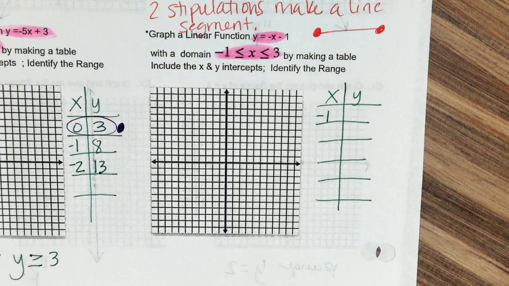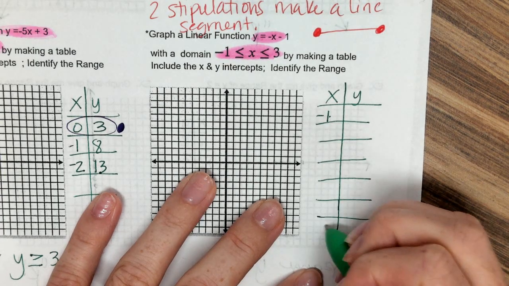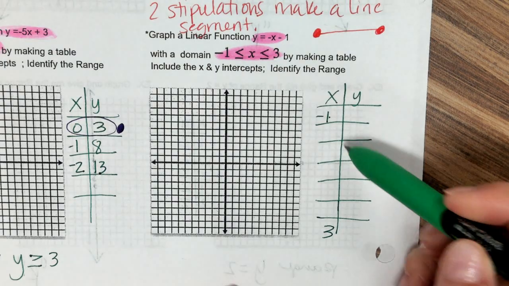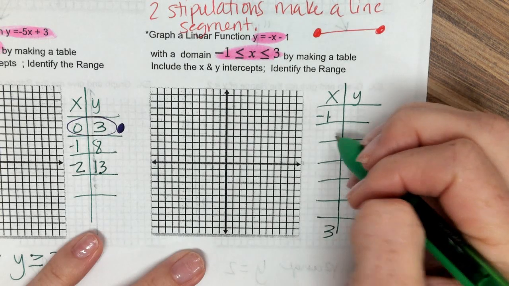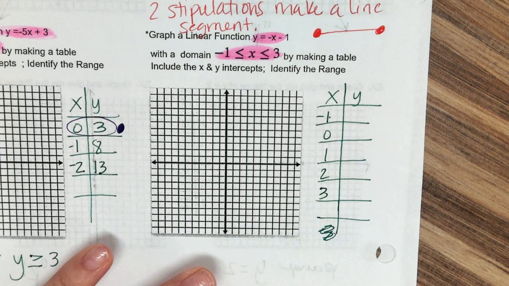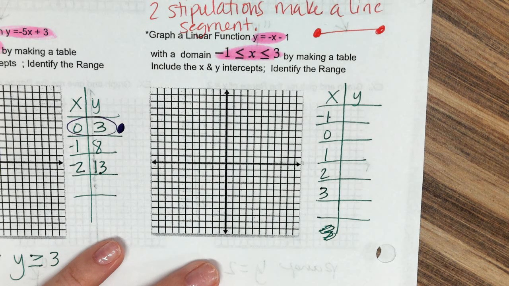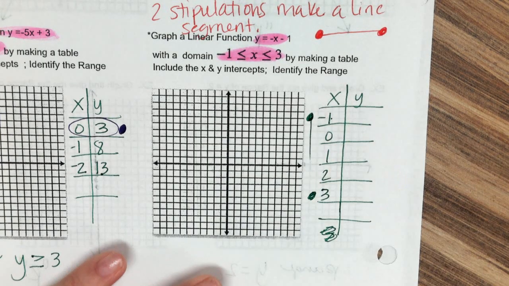I don't have to have dots for everything in between, but I'm going to connect it between those, right? You can put whatever you want in the middle, as long as it's between -1 and 3. You don't have to put every single dot. So I could put -1, 0, 1, 2, 3 would have been right here. So there's going to be a dot here and here, and then it's going to be connected between them.